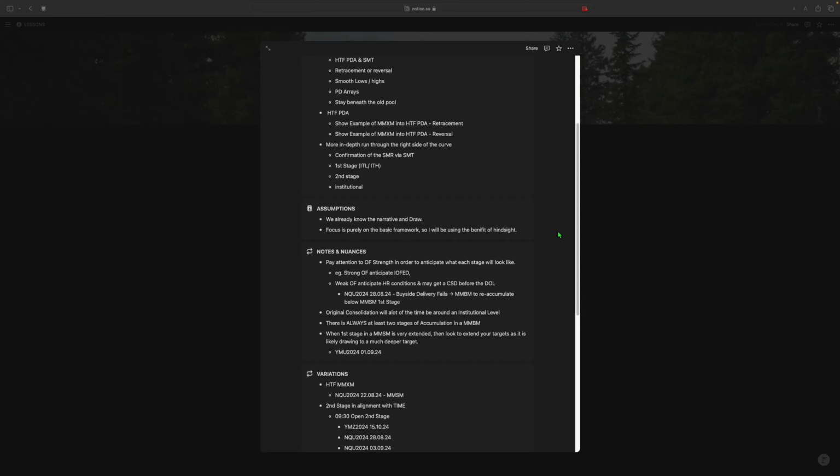He just zooms out and says, "This is a liquidity pool, so I think price is going to go there, so I'm just going to trade price there using order flow." I think stripping trading down to the basics and not getting super technical is really helpful, with a basic fundamental framework that you can then add your specific detailed models to. It makes it a lot easier to trade.